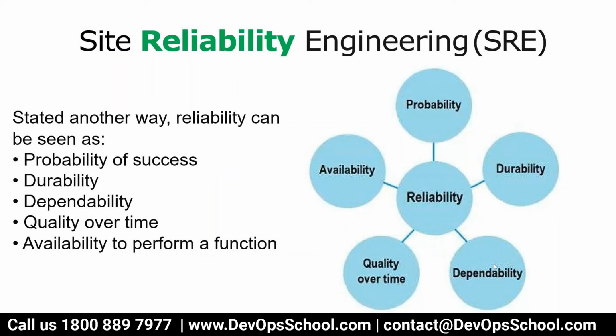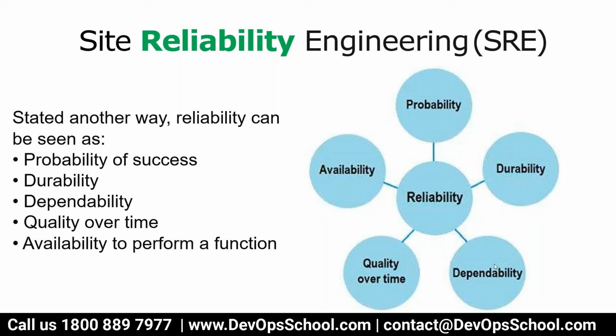Reliable is a very broad word actually. Reliability can be seen as probability of success, durability, dependability, quality over time, availability, many things it contains. So this is something which we want to do.